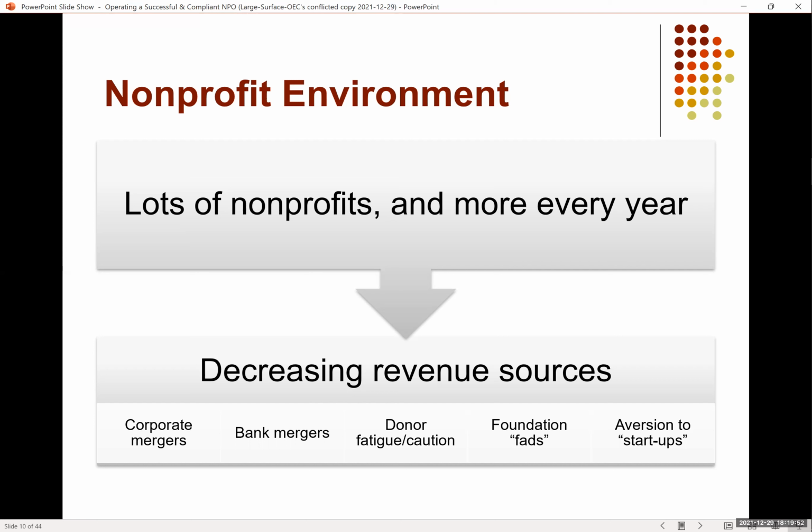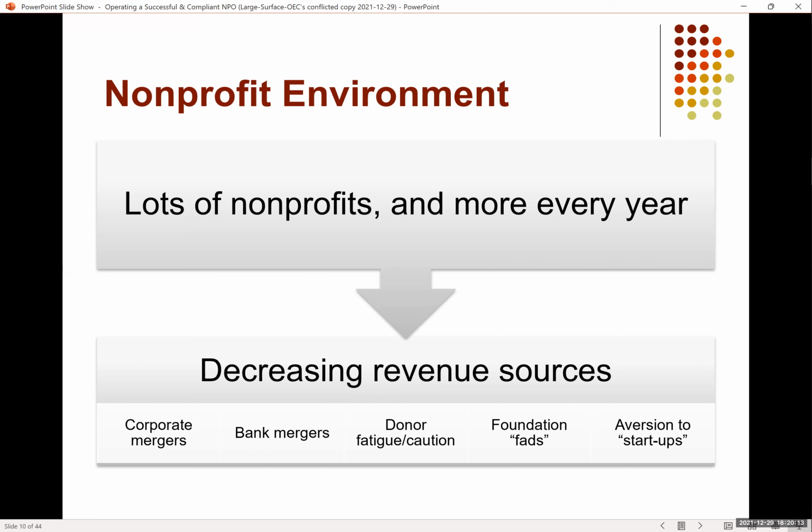So they couldn't give money to the nonprofits that they had been carrying for years. And so a lot of nonprofits, especially the big ones, were devastated in their budget. So what we're going through now is you may have been living off of this bank for money for years, and then through a corporate merger, they're no longer there.